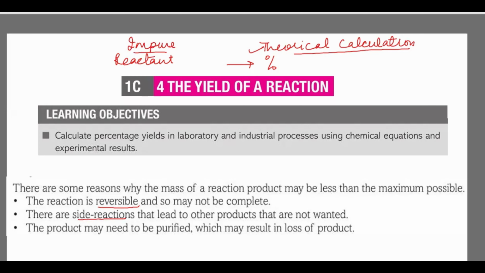For example, if I want to prepare calcium oxide using calcium carbonate, the amount of calcium oxide which I calculate on a piece of paper is different from when I actually prepare it. Let's suppose from 50 kg of calcium carbonate, I'm getting 23 kg of calcium oxide. This is my theoretical value.